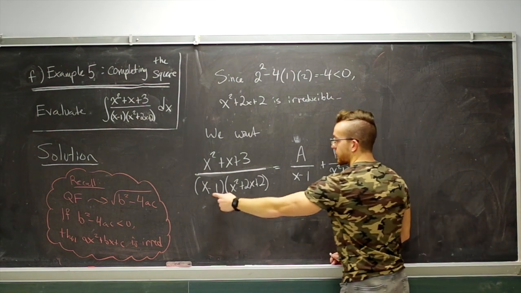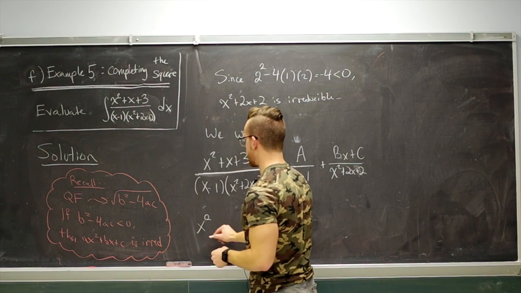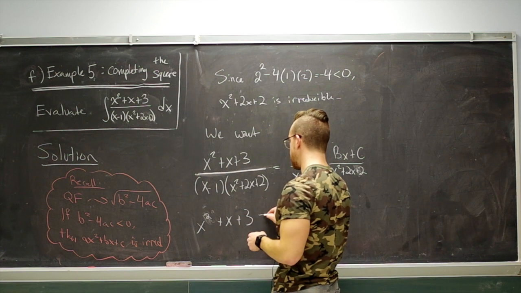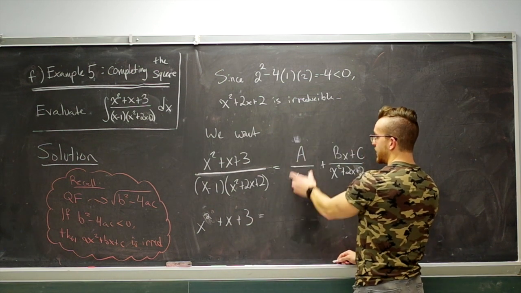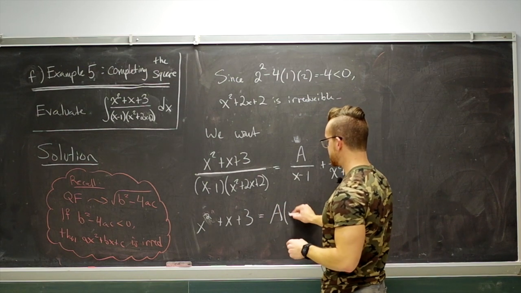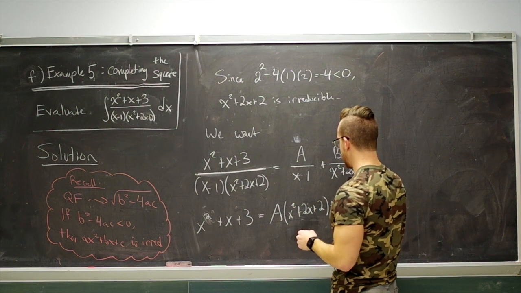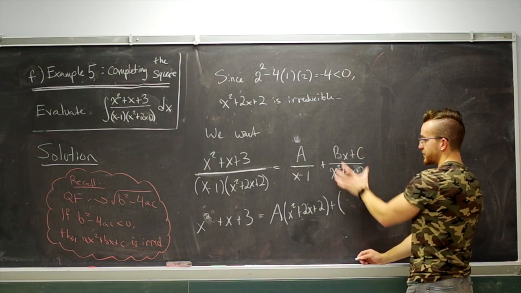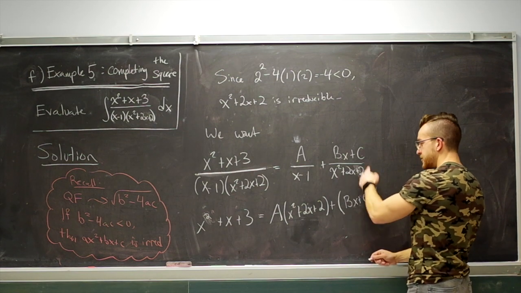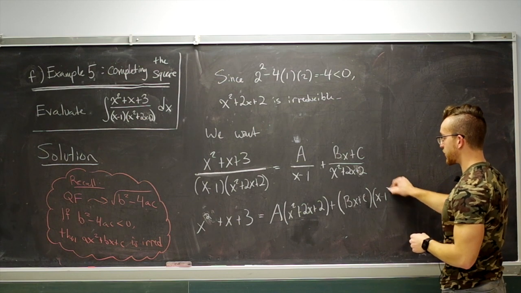As usual, I'll clear denominators, multiply through by this, and that'll give me the equation x squared plus x plus 3 is a times this plus bx plus c times this factor gets canceled out now, so multiplied by an x minus 1.